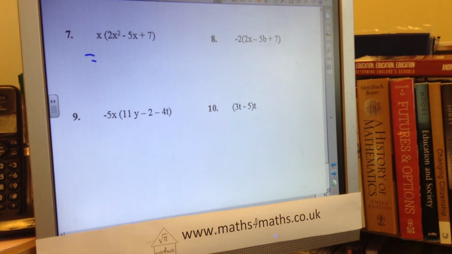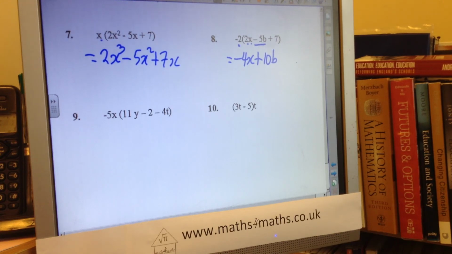Over here, we have x times 2x squared will give us 2x cubed, and then x times minus 5x will give us minus 5x squared, and then x times positive 7 will give us positive 7x. Minus 2 times 2x will give us minus 4x. Minus 2 times minus 5b will give us plus 10b.